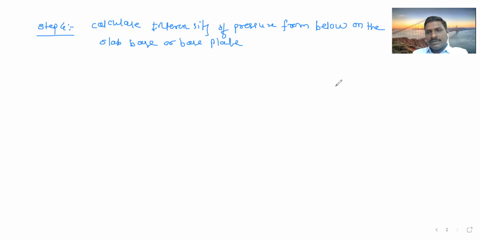So this is your base plate. How much intensity of pressure from below is needed to resist this column load, that we have to calculate.